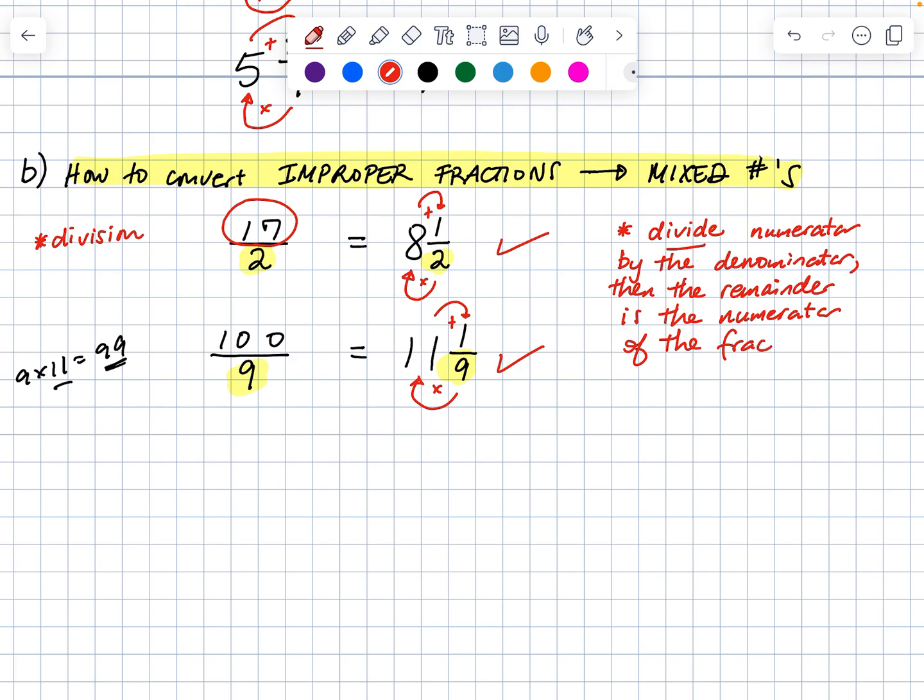Now, be careful to make sure in all of your cases that the fraction part of the mixed number is a proper fraction. Some mistakes that have been made in the past is where you end up with an improper fraction in the mixed number. So just make sure that in your mixed number, your numerator is smaller than the denominator. And again, there's a process where you can check it.